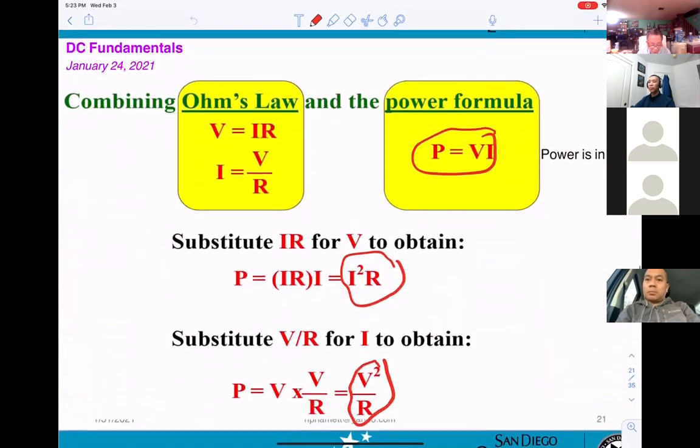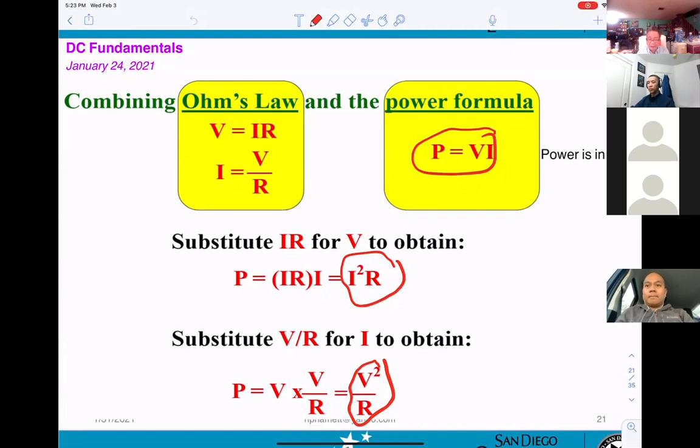Okay, and also these are three formulas to calculate the power. Even in the simulation or in the real lab, we cannot measure the power with a DMM, a voltmeter cannot measure the power. If we want to measure the power, we need a power meter.